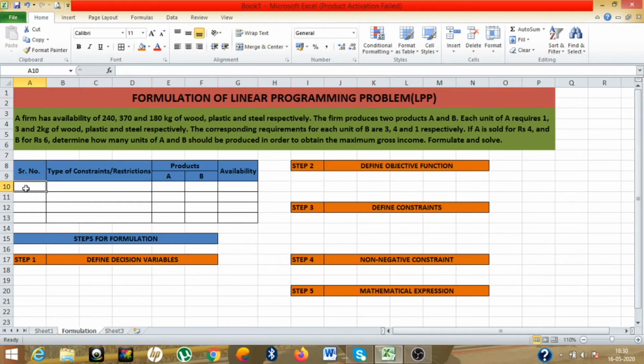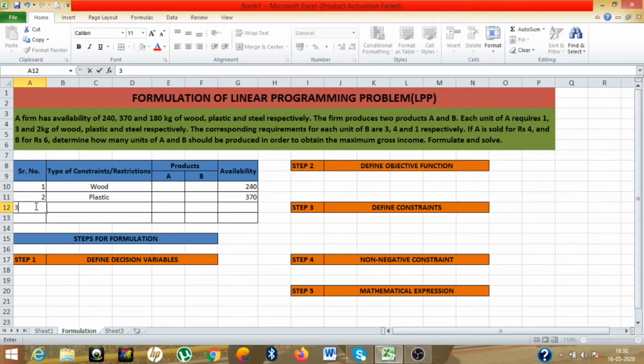So first is serial number. The first constraint is wood, and the availability of wood is 240 kg. The second constraint is plastic and the availability is 370 kg.